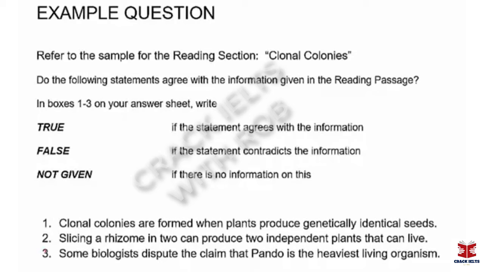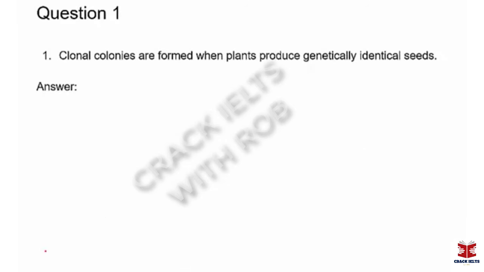All right, let's take a look at the answers for these and talk about how to find the answers for 1 to 3. Clonal colonies are formed when plants produce genetically identical seeds. Well, we've got a couple of key things to consider. Of course, we're talking about clonal colonies, and that's the main topic for the whole essay.